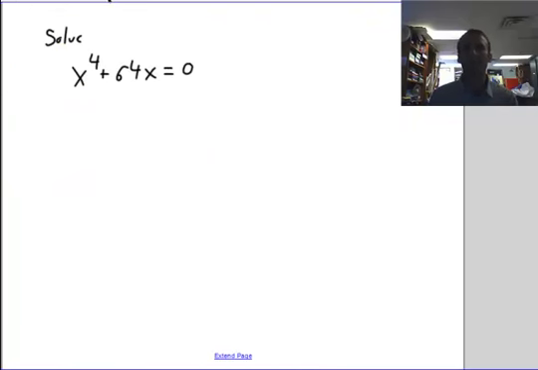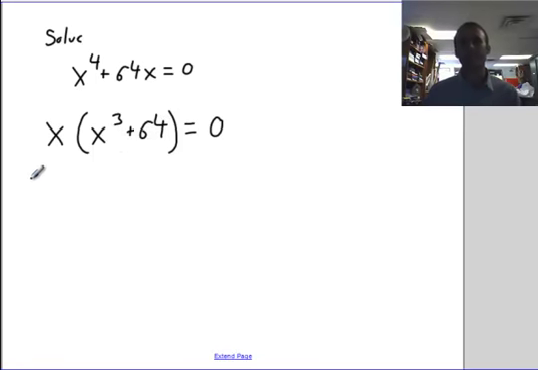Okay, let's do one more. This one, we need to factor this, but if you notice, let's start off with basic factoring, and when I start off with basic factoring, I can pull an x out. That leaves me x cubed plus 64 is equal to 0. And now you should notice that this is a perfect cube and this is a perfect cube, so I have a sum of 2 cubes.